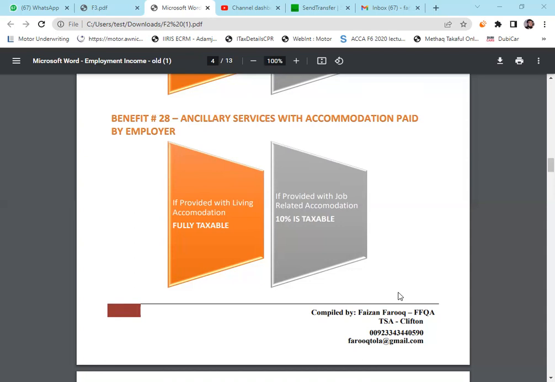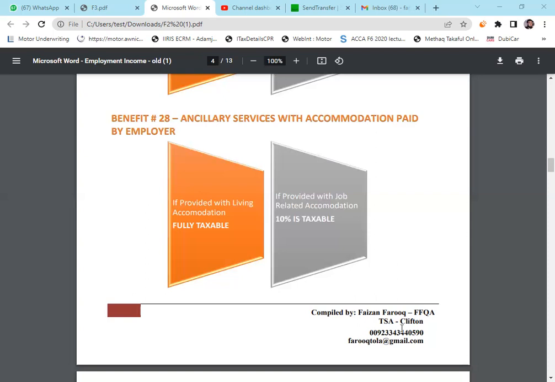What is the formula? We are going to learn with a question. If you want to note it down, just note it down. 10% of employment income excluding this benefit of living accommodation.